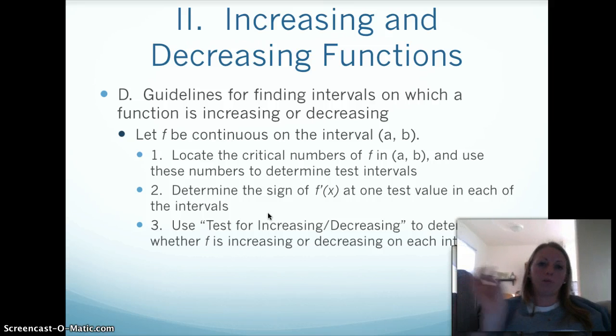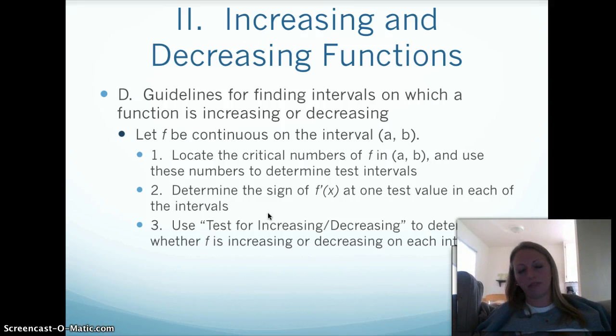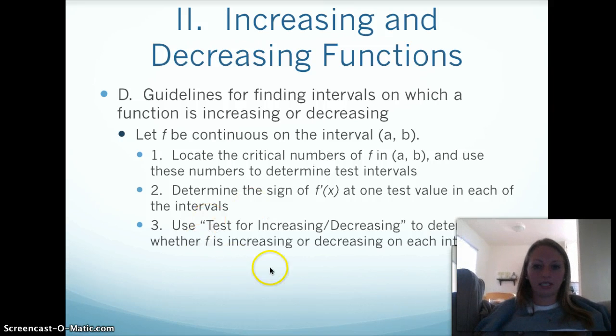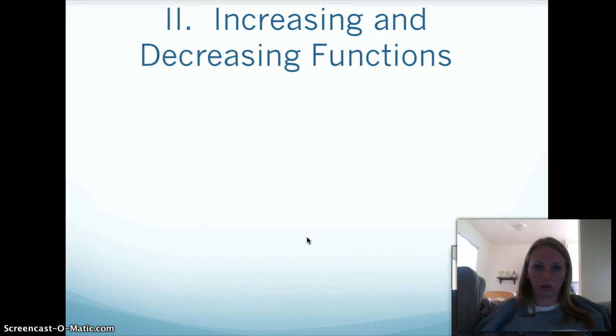You could have chosen 0.2222222 for 0 to 1, and it still would be decreasing. No matter what you put in between 0 and 1, you would have gotten a negative number. If you didn't, you made an error somewhere. And then the last part was 1 to infinity. Anything bigger than 1 would work. Then you test it and determine if it's increasing or decreasing.